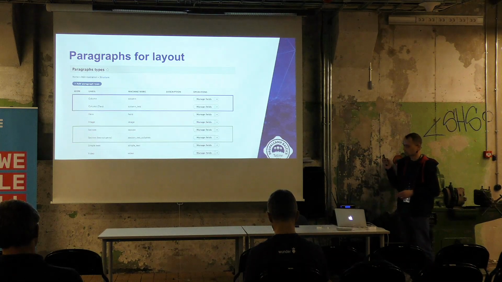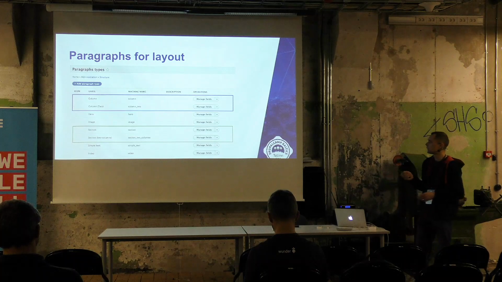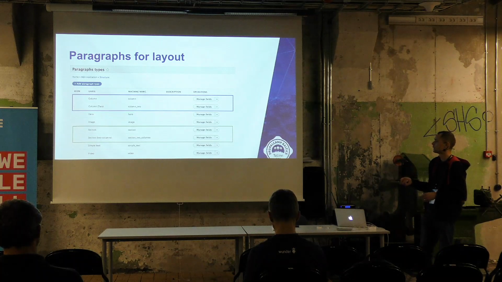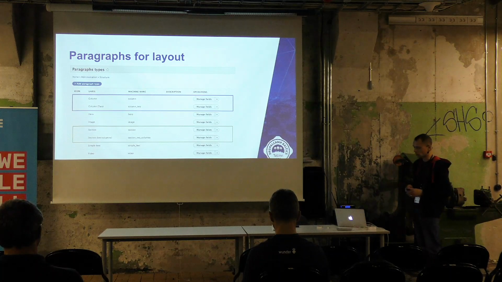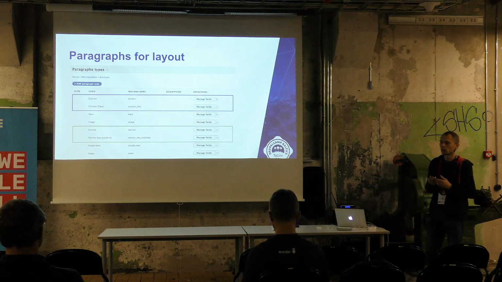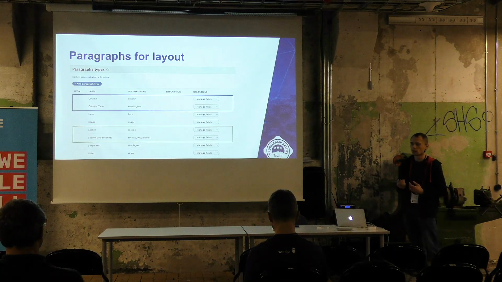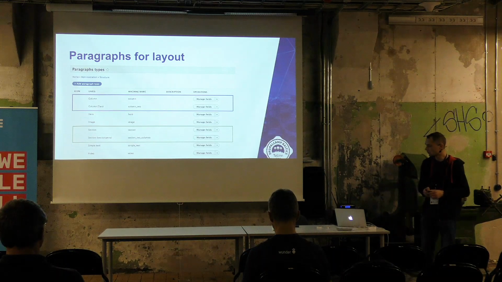So with paragraphs, you can not only build elements like text block, video, accordion, and so on, but you can also build a base which will allow content editor to create landing pages with flexible layout.